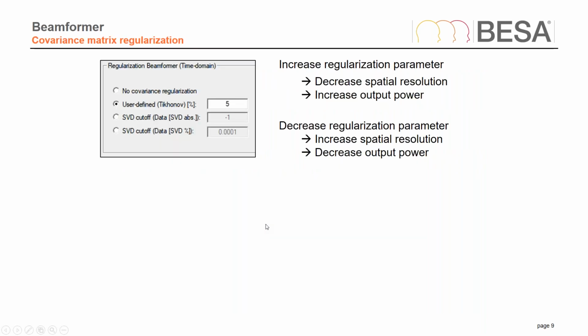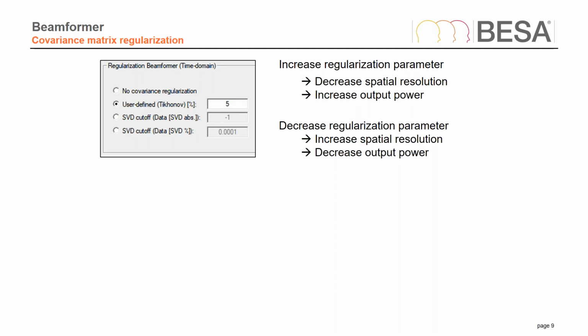Then another thing is the regularization. This is something that haunts all inverse methods. In order to compute the inverse of the covariance matrix, some regularization needs to be applied, because we usually have fewer individual components in our data than channels. We can try to invert without regularization, but that will lead to an amplification of noise.